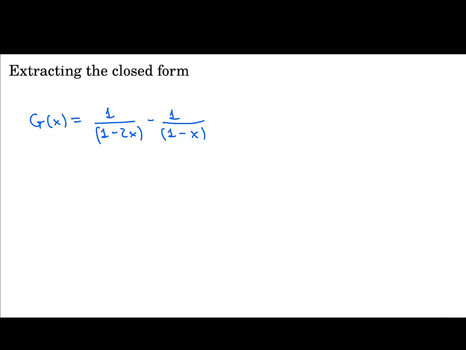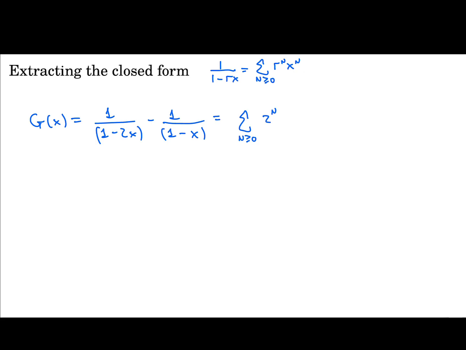So let's use the geometric series. Just so we can remember, the geometric series said that 1 over 1 minus rx is the summation for n larger or equal than 0 of r to the n, x to the n. So the first one, 1 over 1 minus 2x, has r equal to 2, so this will be 2 to the n.